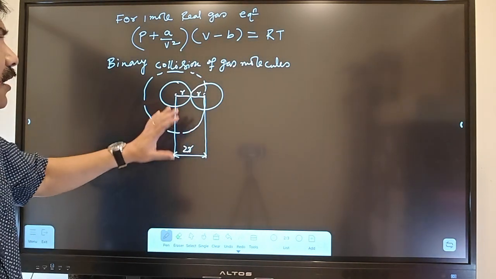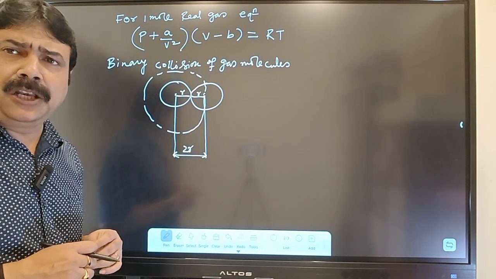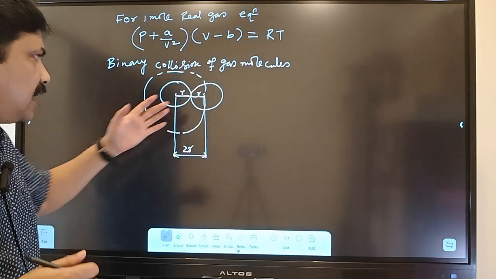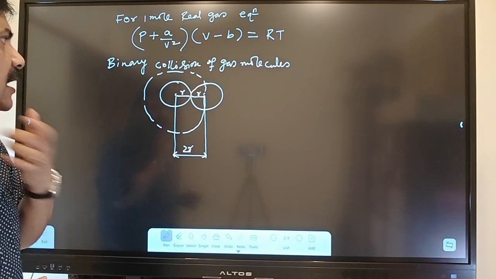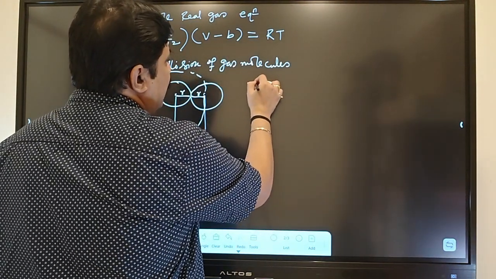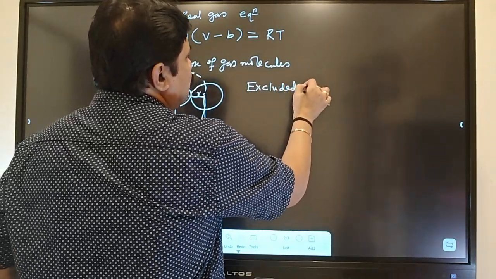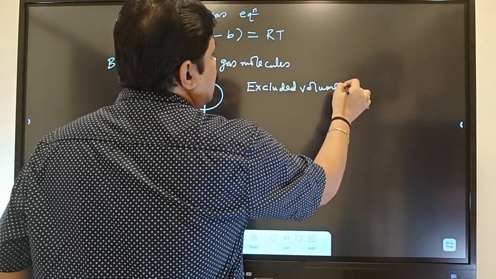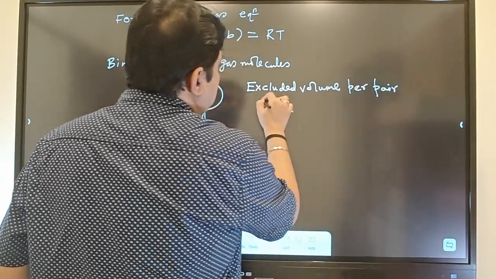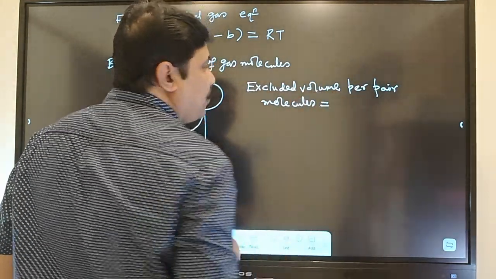This sphere of radius 2R is an incompressible volume, or it is called the excluded volume. So what is the excluded volume? The excluded volume per pair of molecules will be equal to 4/3 pi r cube.